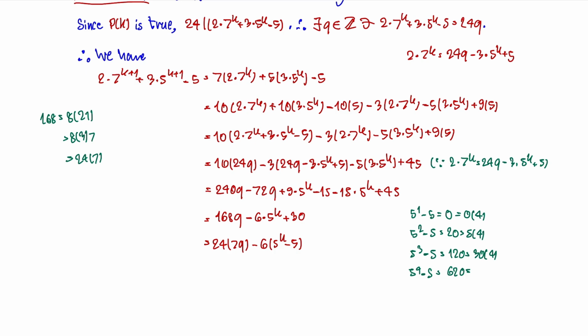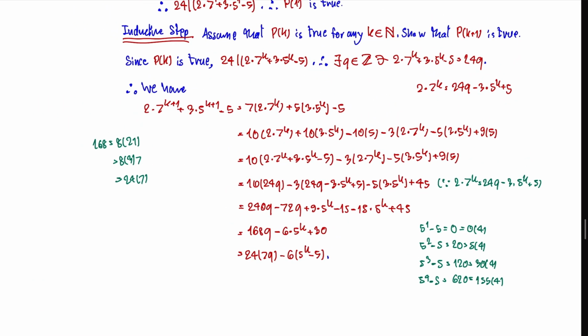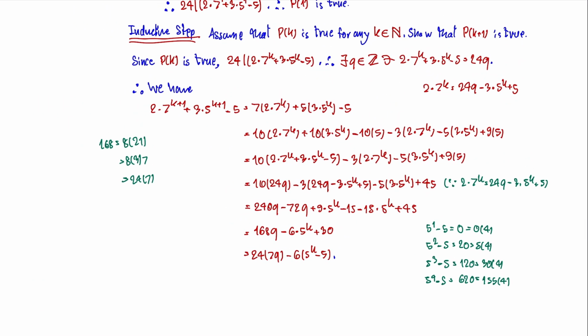Give me a second. 155 times 4. Okay. It seems that this term is going to be divisible by 4. So we have to claim, okay? We have to show this conjecture.